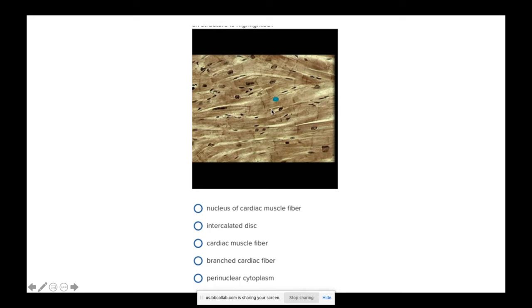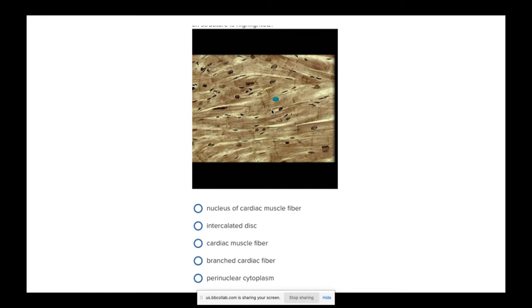Now, this one here should be a little bit familiar because this was a histological slide that we did when we covered tissues. And when we covered tissues, we knew that there was connective tissue and epithelial tissue and muscle tissue and nerve. And under muscle, there was skeletal muscle, smooth muscle, and cardiac muscle.